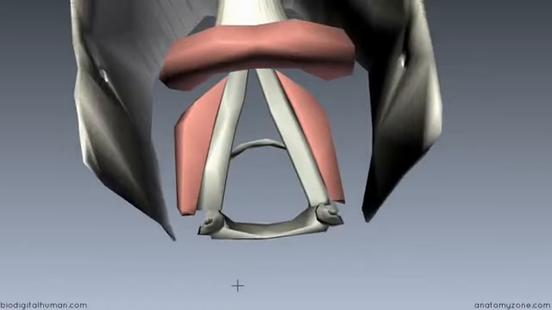So when the lateral cricoarytenoid muscle contracts, it's going to pull the muscular process this direction. So it's going to internally rotate the arytenoid cartilages, and it's going to close the rima glottidis. This results in adduction of the vocal cords, and it brings the vocal cords together.